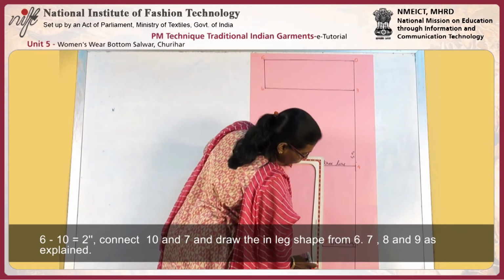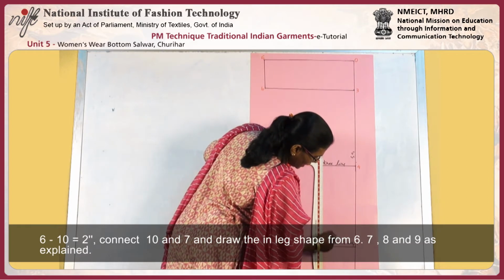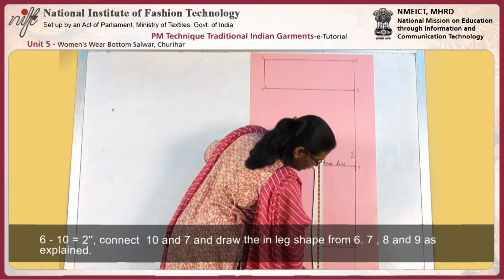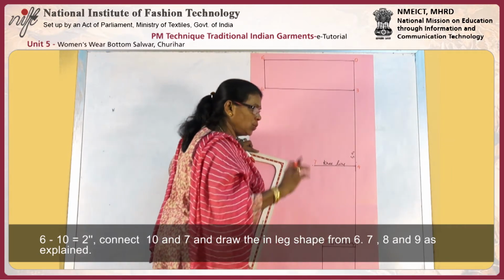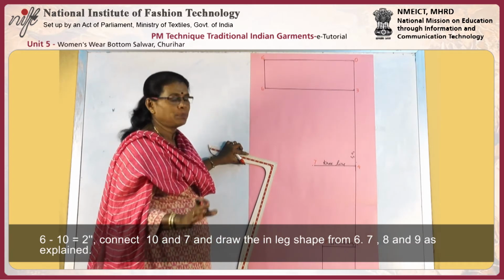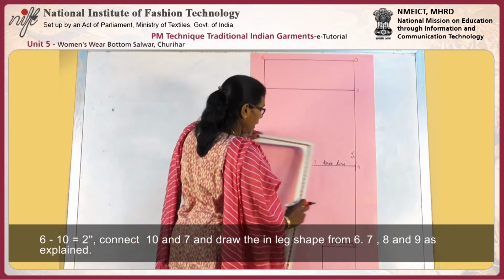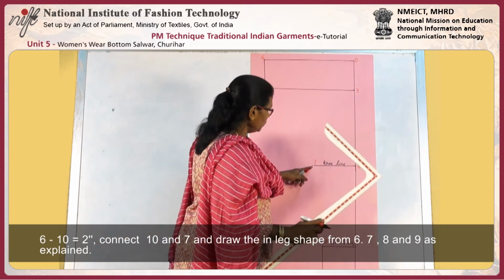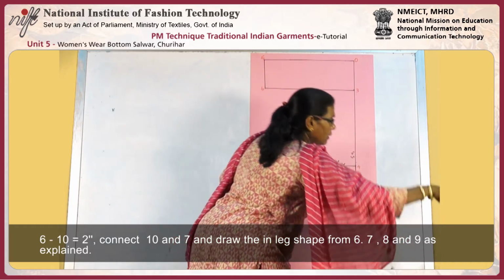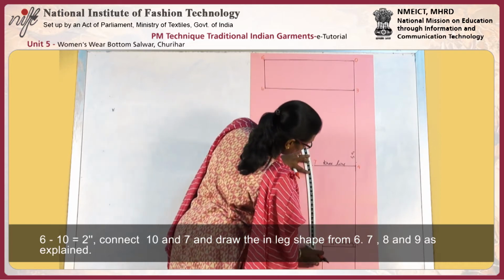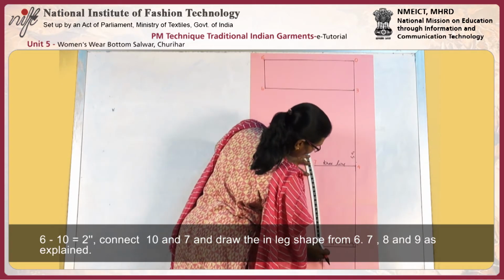See, from 9 to 8, 9 is the same measurement, so it is a straight line, because for the churi we are taking a straight piece, and from 8 to 7 is a curve from ankle to knee.